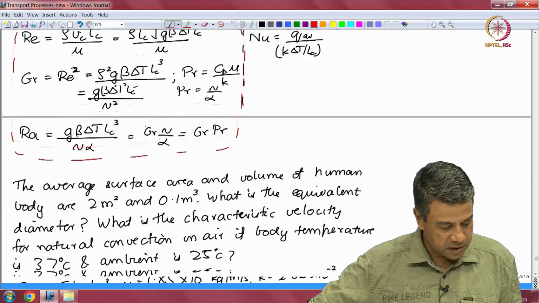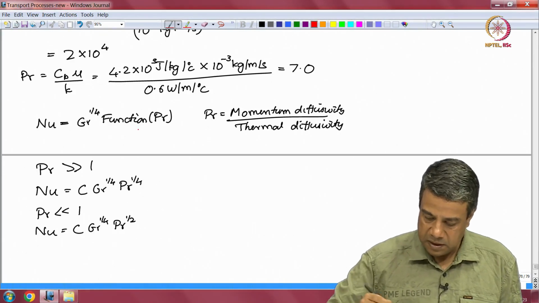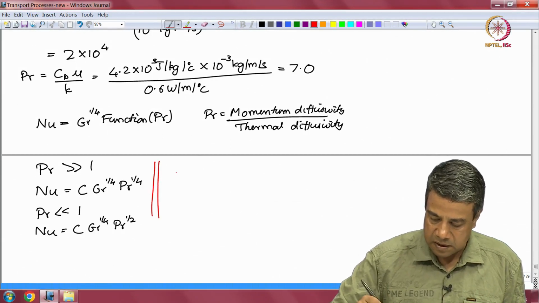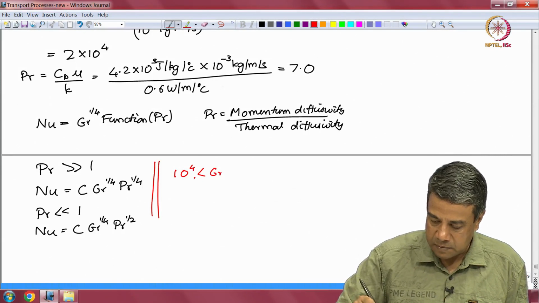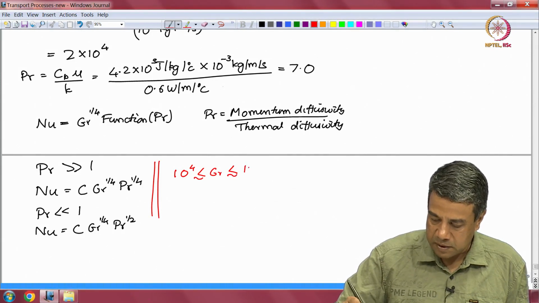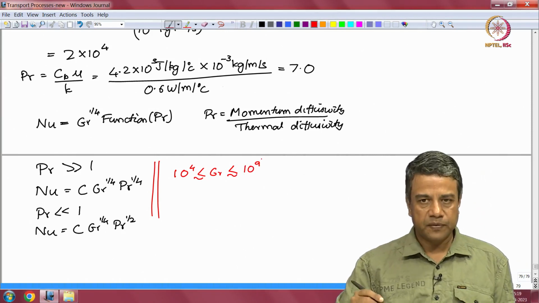So, this generally works for these two correlations. Okay. They generally work for Grashof number in the range 10 power 4 less than Grashof number less than 10 power 9 or so. Okay.